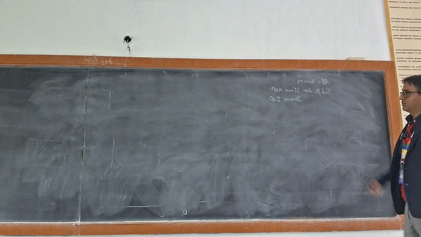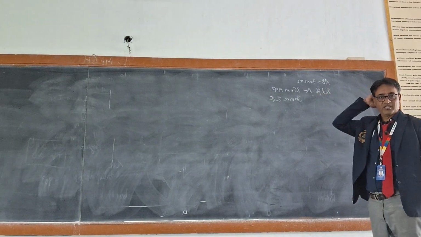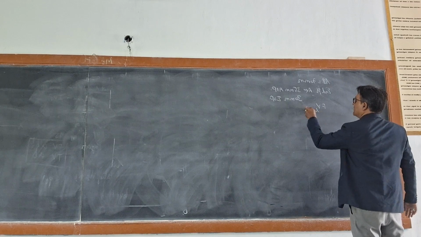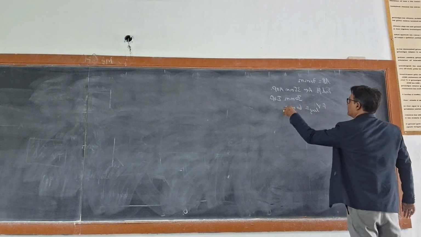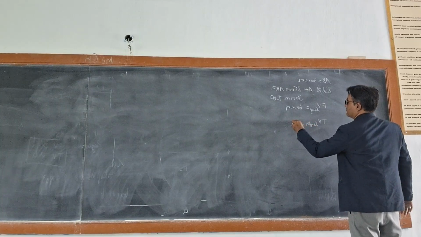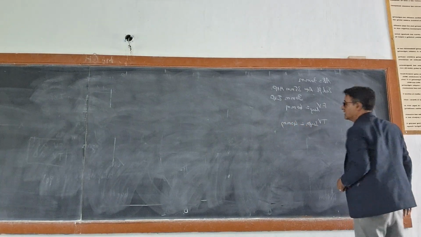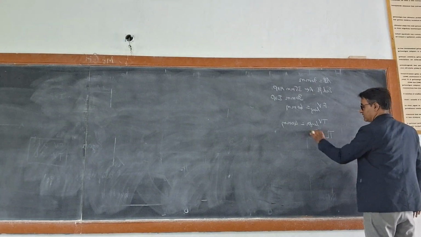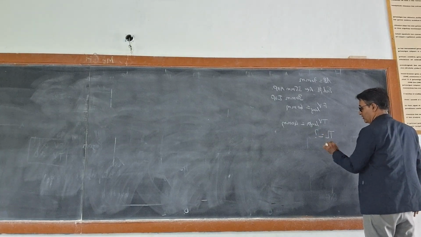Now, earlier true length and true inclination were given, but in this problem they have given the front view length as 60 mm, and the top view length as 40 mm. Now they are asking you to find the true length and true inclinations.